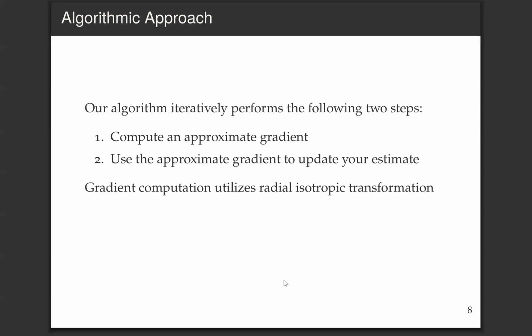The key technical contribution is that we show how to use a technical tool called the radial isotropic transformation in computing these approximate gradients. The number of iterations depends on the error parameter epsilon.